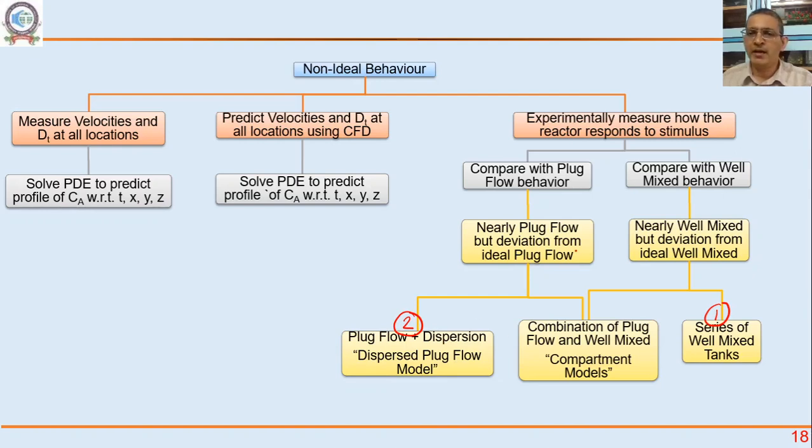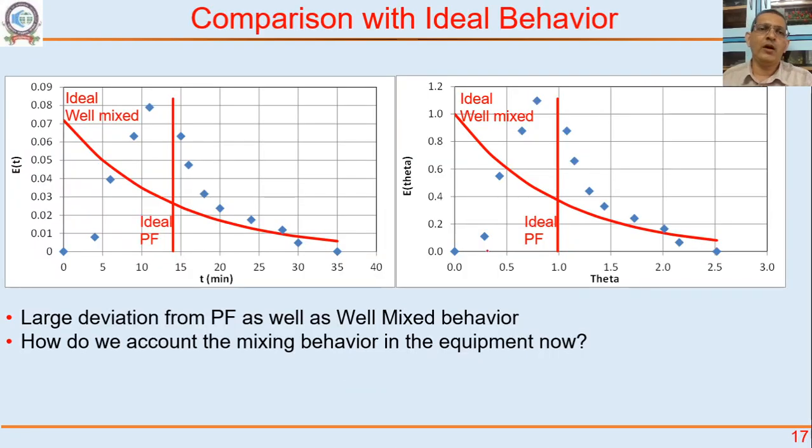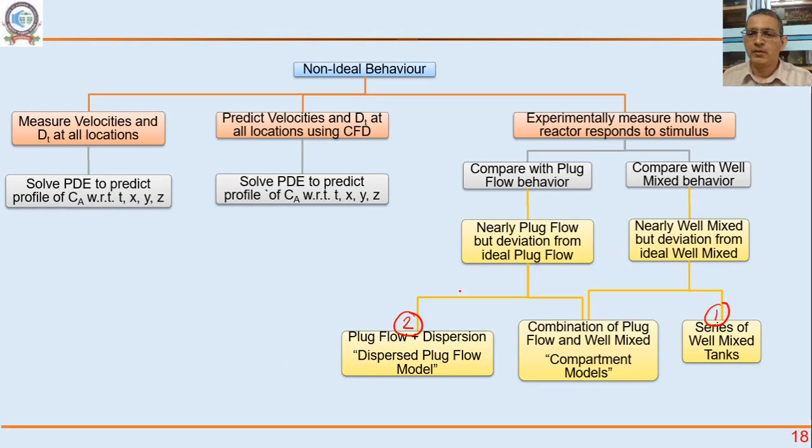Or we say what combination of ideal reactors will have the same response as this real reactor. This is the third thing that we are going to do. What combination of idealized reactors, plug flow and well mixed? Combination means sequence.